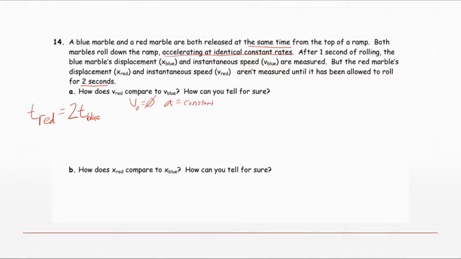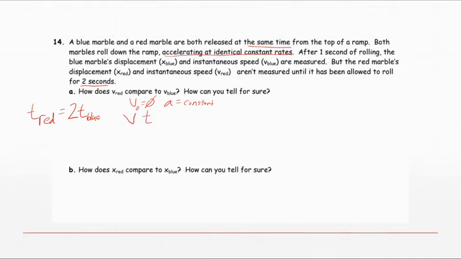I need to figure out how velocity and time are going to interact. So it says, how does v red compare to v blue? I'm looking at the relationship between velocity and time.